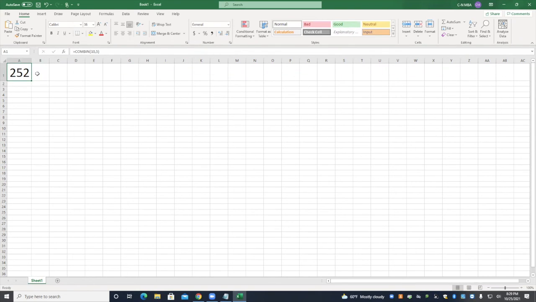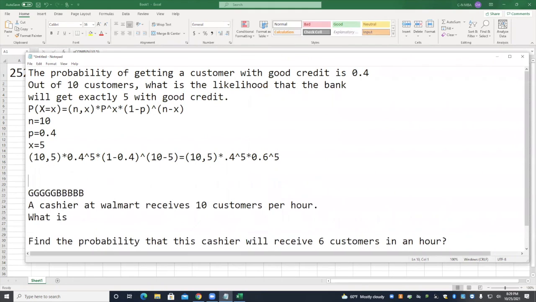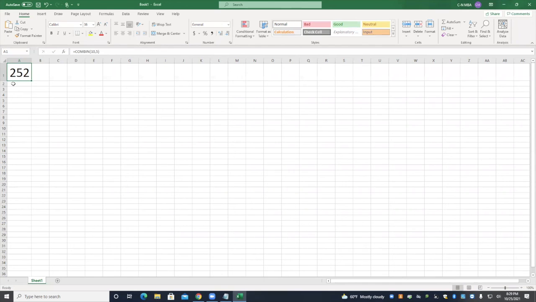Let me write it into Notepad because Microsoft doesn't let you see functions themselves. So the first part, you write equals combin, 10, 5. That gives you 252. Okay. And then you can compute the next parts. So the next part is equals 0.4 to the power 5.